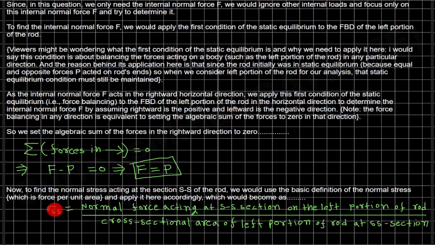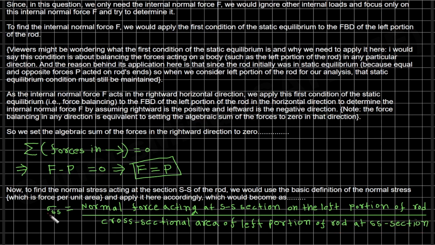So we have the expression of the normal stress sigma SS acting at the SS section equal to the ratio of the normal force acting at the SS section on the left portion of the rod divided by the cross-sectional area of the left portion of the rod at the SS section.